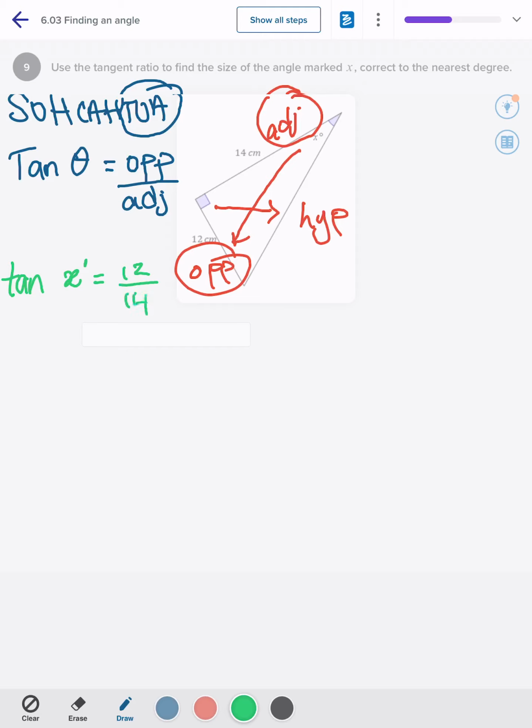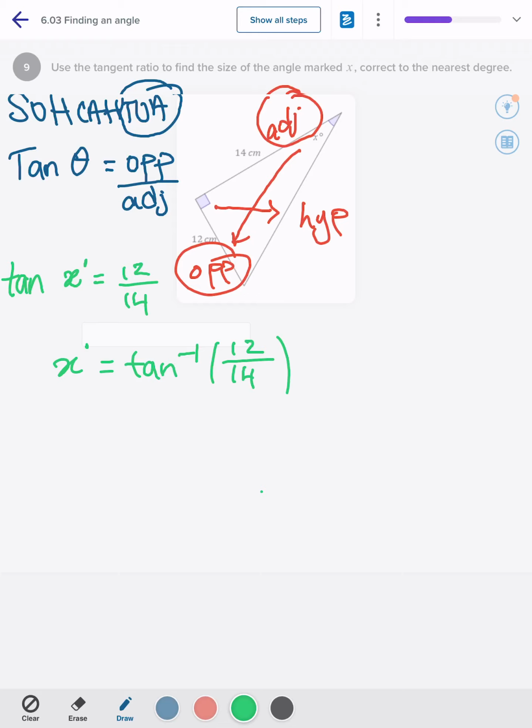Now remember how previously we were given the ratio and we wanted to find the angle. Same here. So we will write X equals, we will get rid of tan on the left hand side and write tan inverse on the right hand side and enter the given value in brackets, which is 12 over 14.